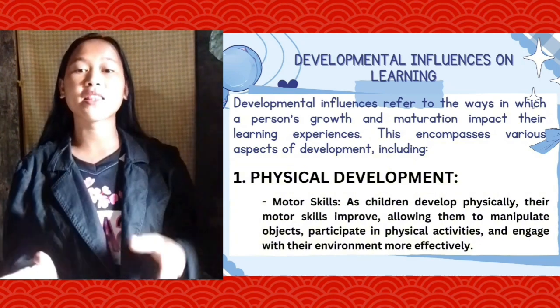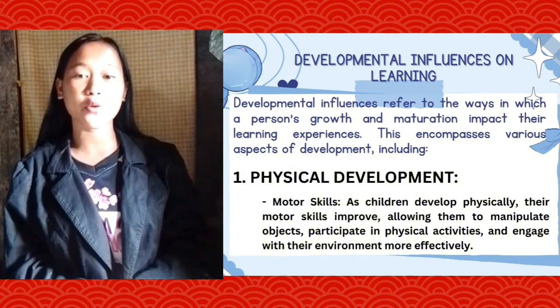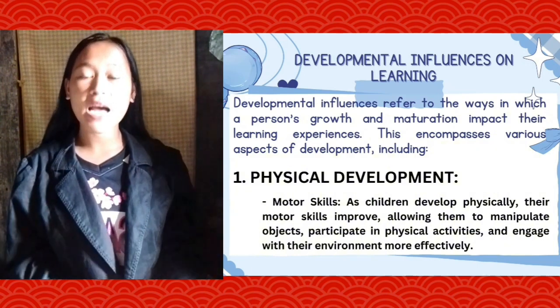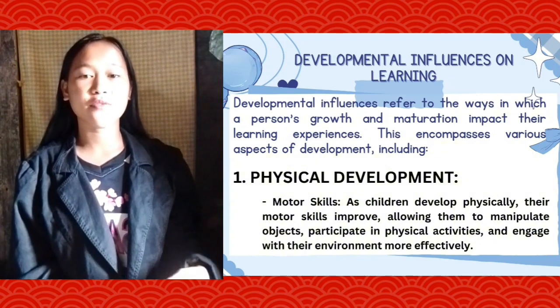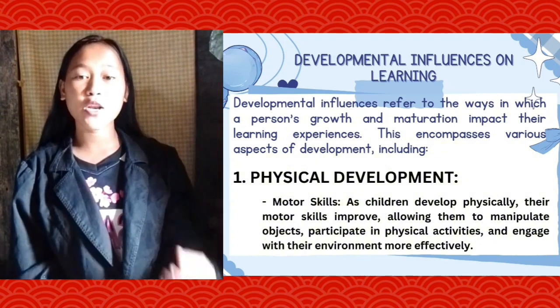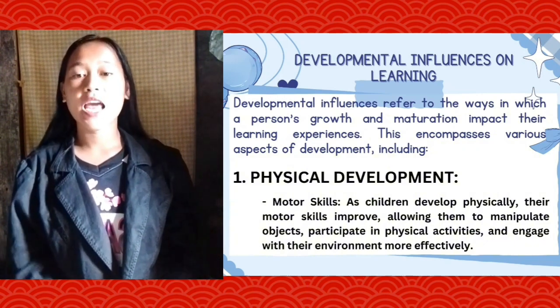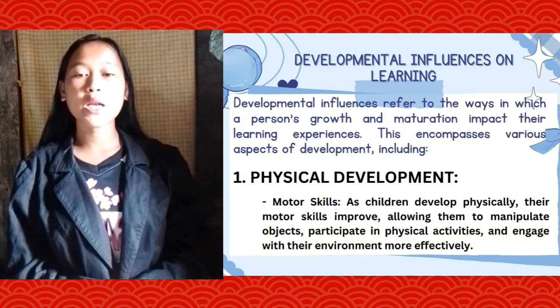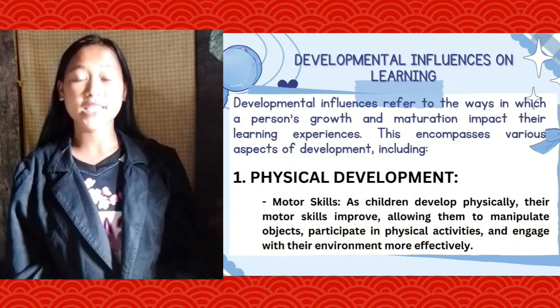First is developmental influences on learning, which refers to the personal growth and maturation that impact learning experiences. This encompasses various aspects of development, including the first, physical development. Below the physical development, we have motor skills.